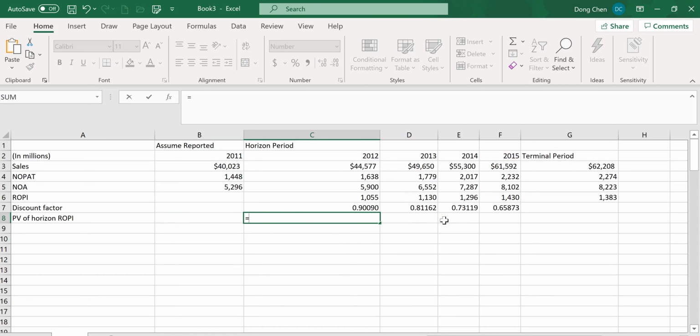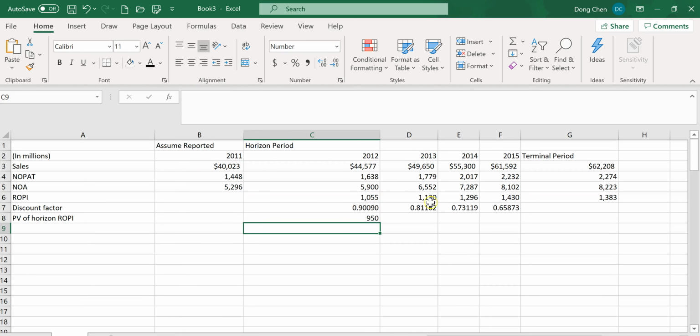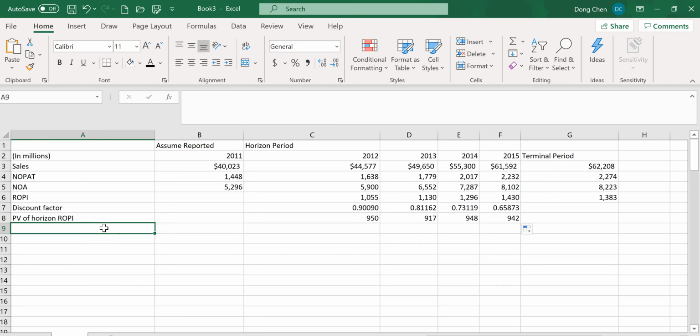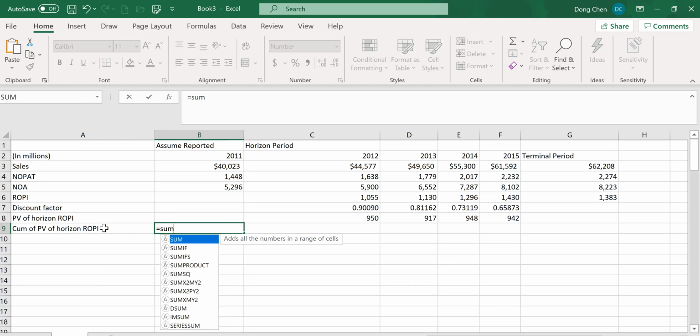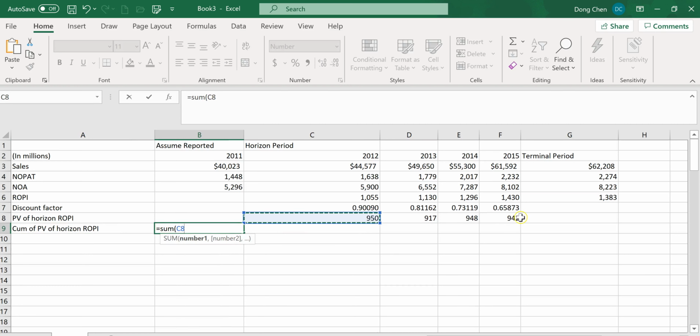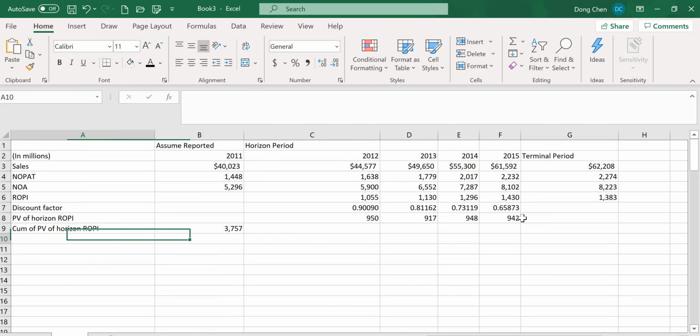The present value of horizon ROPI is the ROPI multiplied by the discount factor, and I also need to round this to the whole dollar, so 0 decimal places. Then I need the cumulative sum of the present value of horizon ROPI, which is the sum of these 4 numbers.